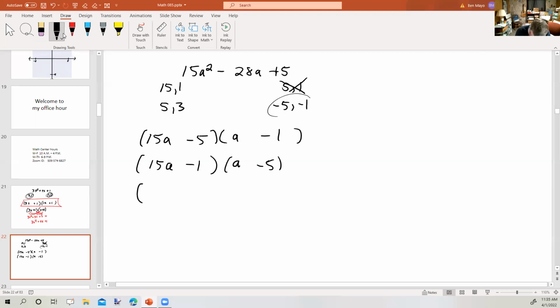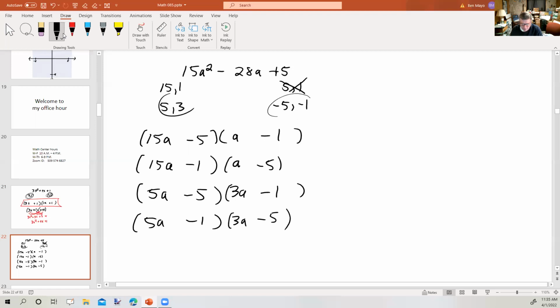But then it could also be 5a and 3a and minus 5 and minus 1, or it could be 5a and 3a and minus 1 and minus 5. So it's got to be one of these times one of those, and the other of those times the other of those, or one of these times the other and the other times the ones. In other words, all the different combinations. So there's four possibilities.